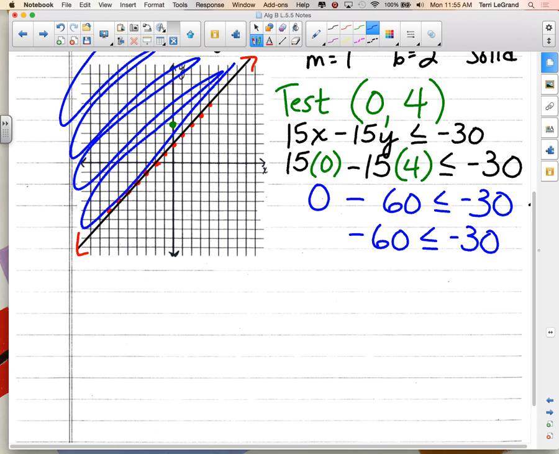You'll eventually get smart enough to pick points that have zeros in them. They could both be zeros, or one of them could be zero. It actually makes it a little bit easier. You don't have to use the calculator so much.